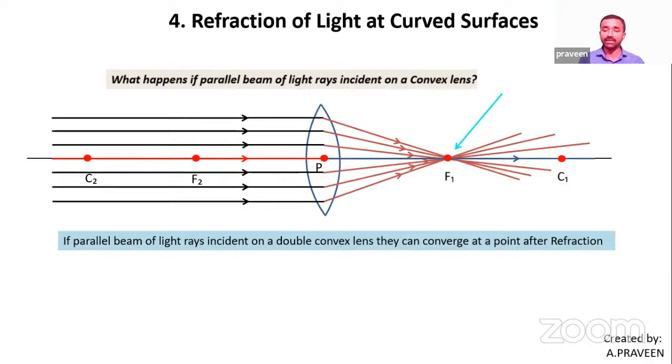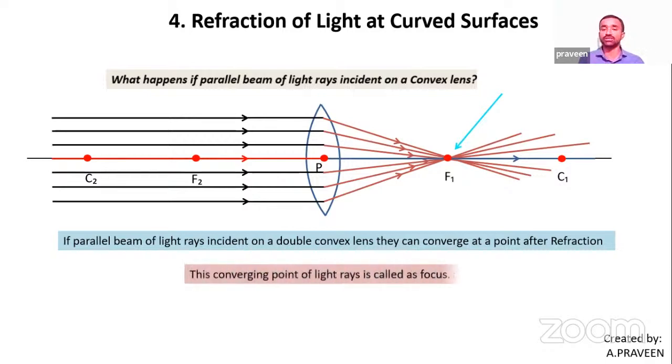So here simply you are calling that as focus or focal point, and given as F1 and F2, depending on which surface you are focusing. Okay, then F1 is given. Now another one, you are able to measure the gap, distance, length between pole and focus, P to F1.